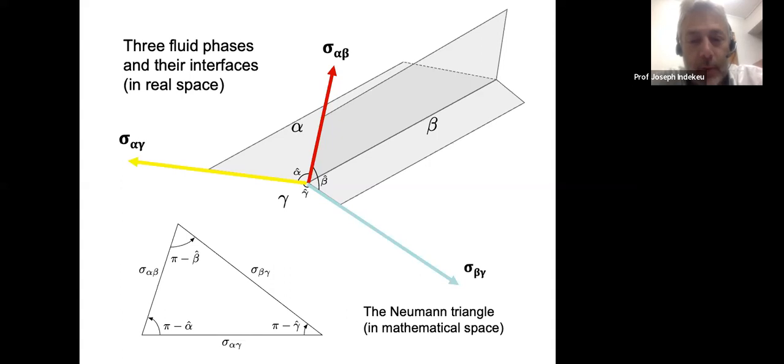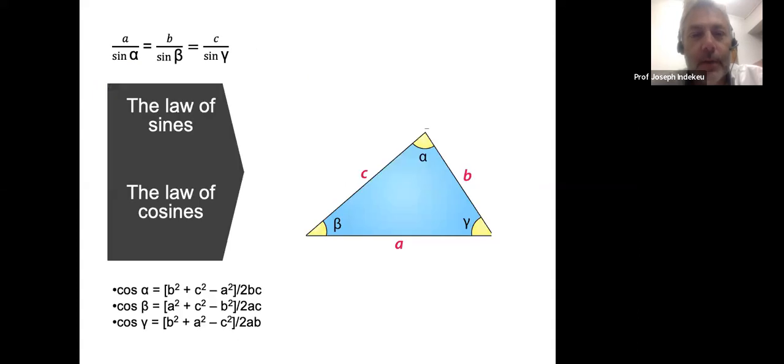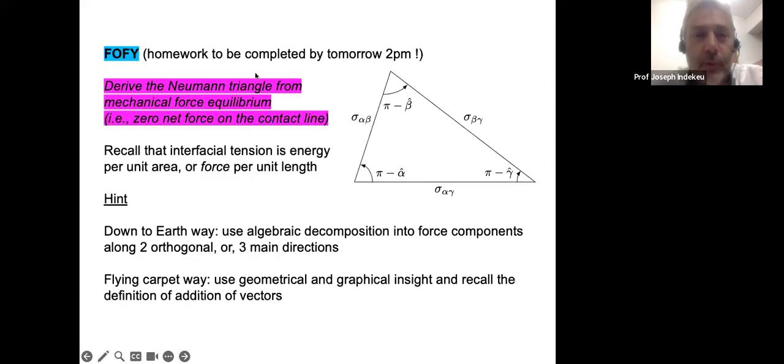And the Neumann triangle incorporates the relationships between the forces, between the surface tensions, therefore, and the dihedral angles. Because as we discussed, these sides and angles satisfy, as in every good triangle, the law of sines and the law of cosines. Okay. So this was this first homework.